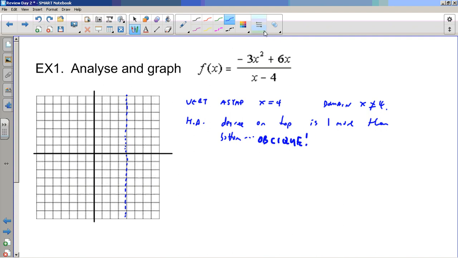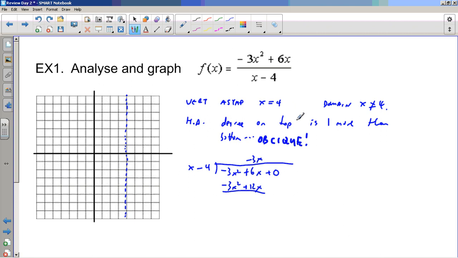And remember, how do we get the equation of the oblique asymptote? We do long division. So here's another example of long division. Putting in a placeholder there. And remember, this one won't go evenly, and the remainder doesn't really matter.